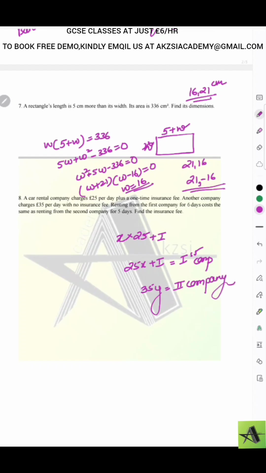Now it says that renting from the first company for 6 days, that means 25 times 6 plus I, is equal to renting for 5 days. So that's 150 plus I is equal to 175. So I is 25. That means the insurance fee is £25.